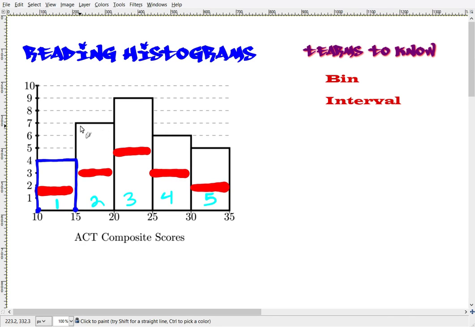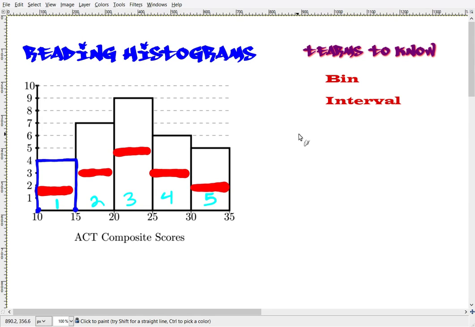But here's my question. Let's assume that there were all these people that took the exam and they all scored a 15. Would those people be counted in bin number 2, or would they instead be counted in bin number 1?